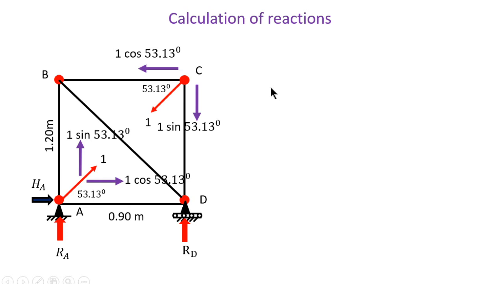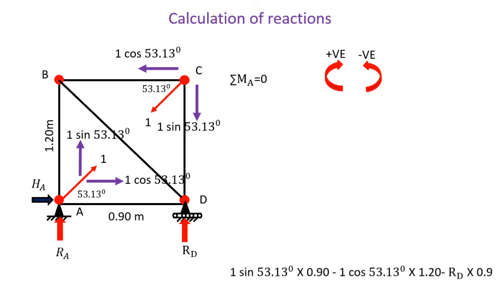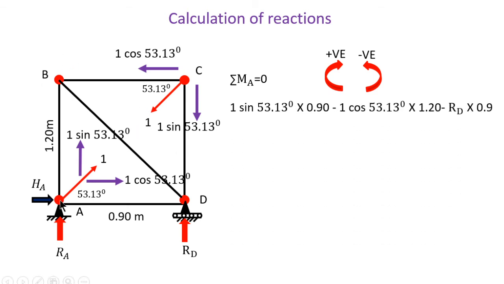When a pair of forces is acting, generally the reactions are zero, but still we are confirming whether the reactions are zero or not. So we are taking sigma MA is equal to 0, clockwise positive and anti-clockwise negative. So here at sigma MA, we have 1 sine 53.13 into the distance 0.9, which is clockwise.